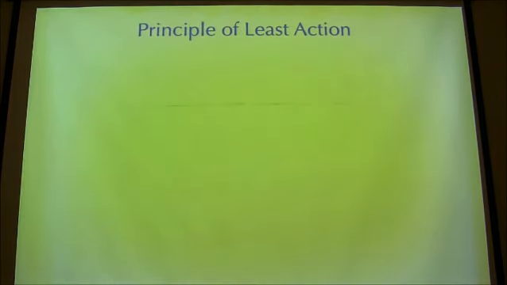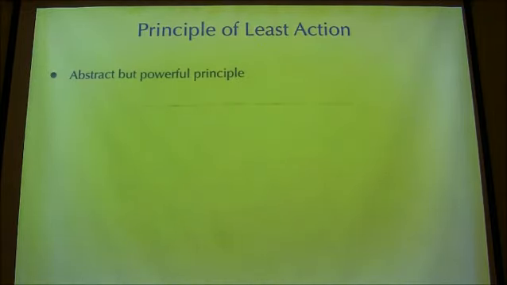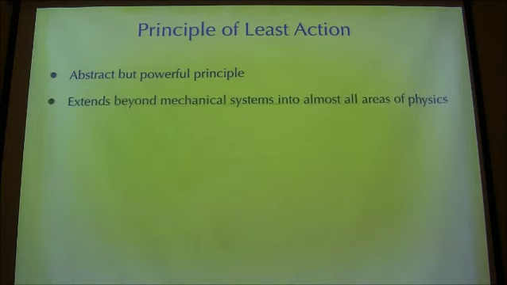So I want to talk a bit about the principle of least action, because this is where a lot of symmetry ideas start to originate. The principle of least action is a very abstract but powerful principle for formulating classical mechanics. And it's beautiful because it extends beyond mechanical systems into almost all areas of physics.